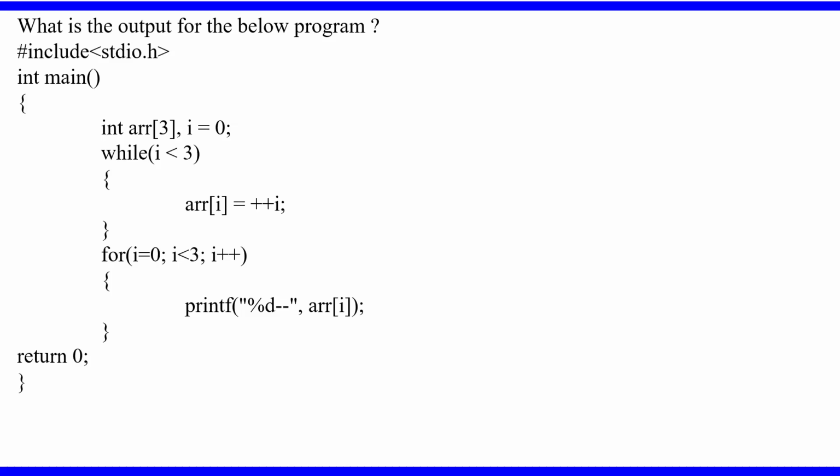Yeah, please do this problem. Please see this array of 3, i is 0. If i is less than 3, a of i equal to plus plus i. 3 times you have to repeat this because i value is 0. After that I am printing those values. Can you guess the output of this problem?